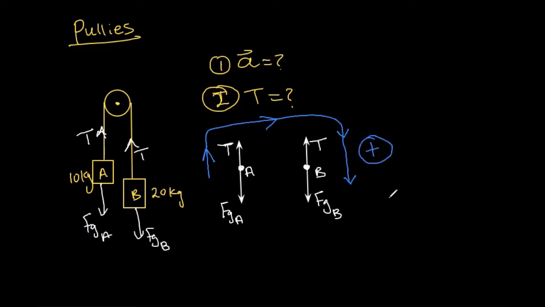But if they're pointing opposite to those arrows, the vector will be regarded as negative.